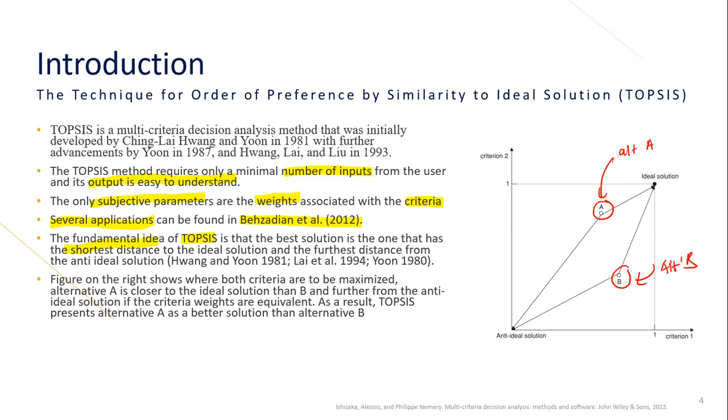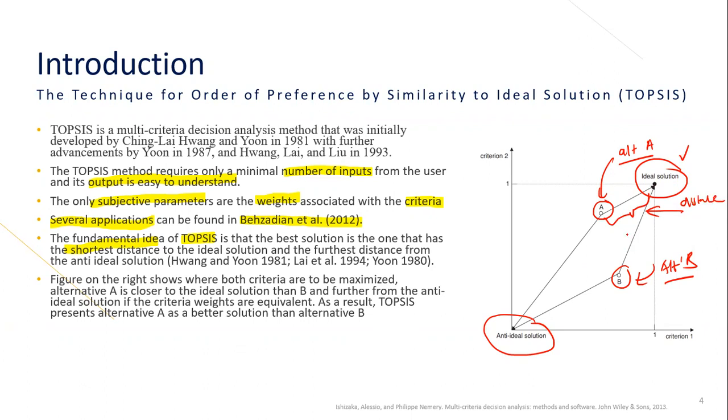But here, we just need to determine what the ideal solution looks like, and what the anti-ideal, meaning the opposite of ideal, looks like. We want to compare A and B, to see which one is closer to the ideal, based on this distance. Whichever is closer, that one we will choose.